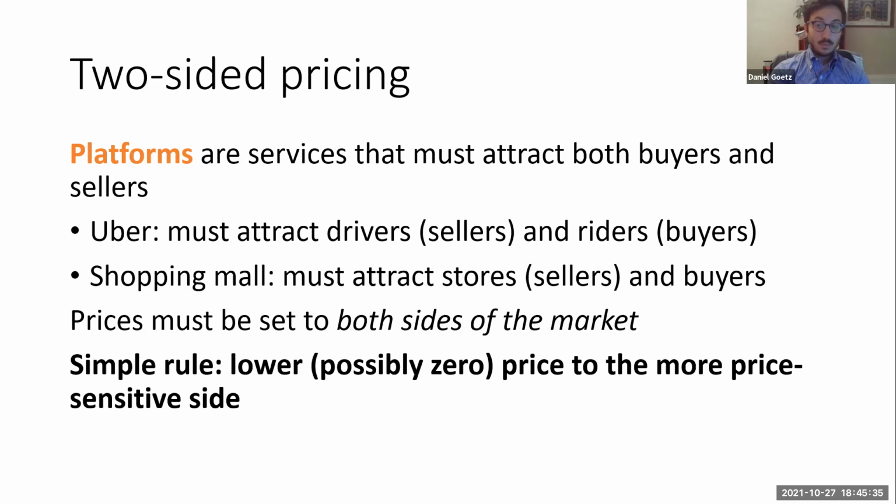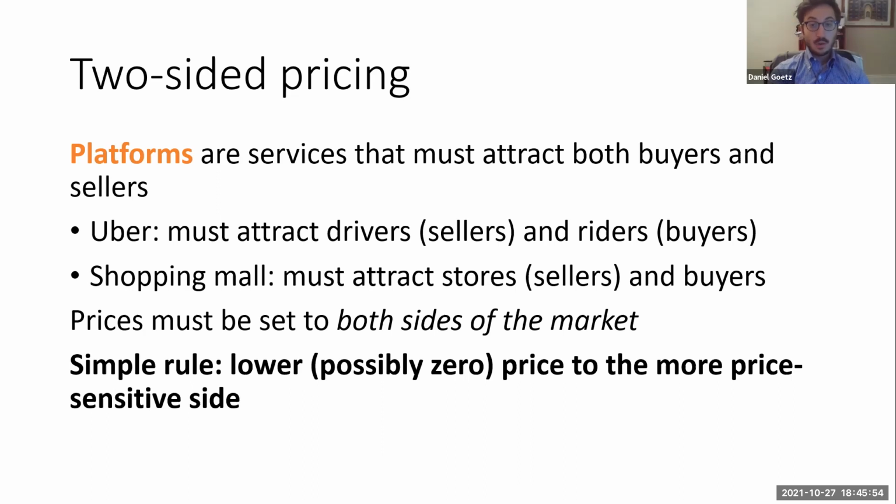Simple rule, you might want to do a lower, possibly 0, possibly negative price to the more price sensitive side, right? So if we think about a shopping mall, you don't pay to go in, but stores pay to be there, right?